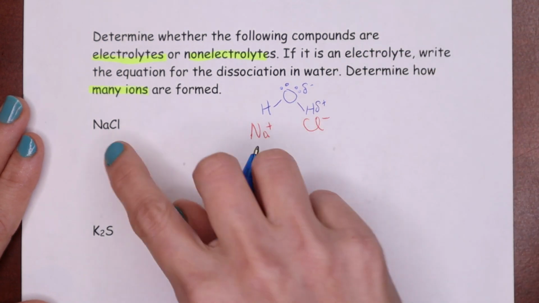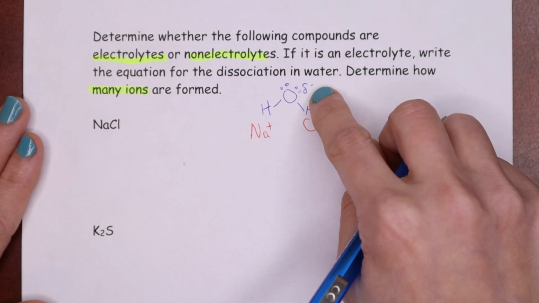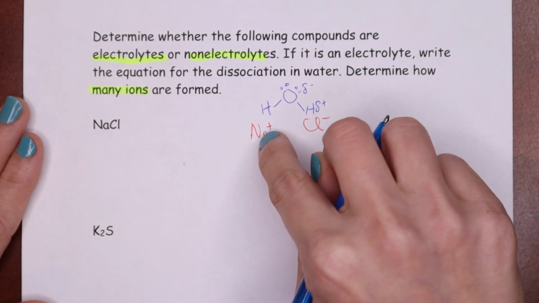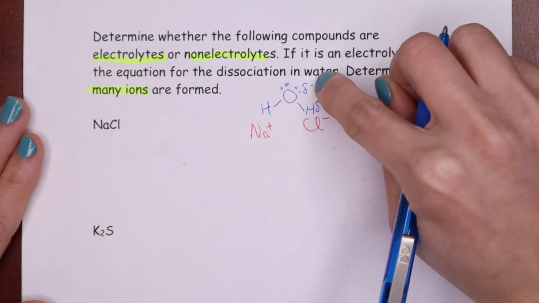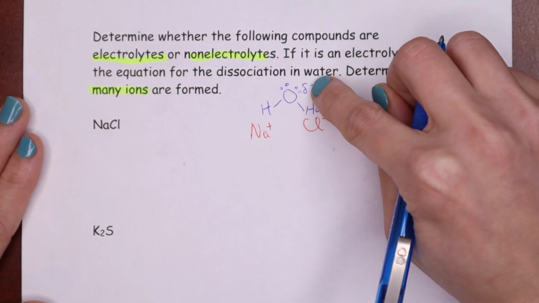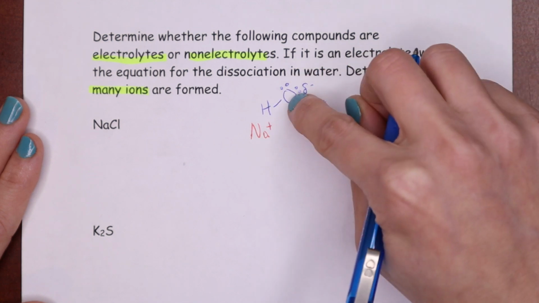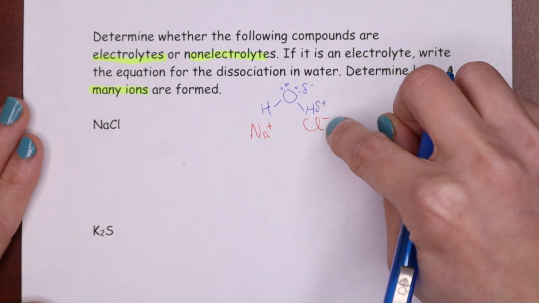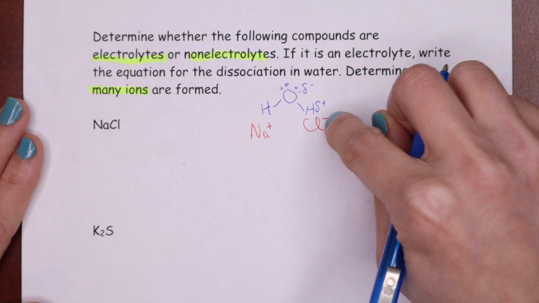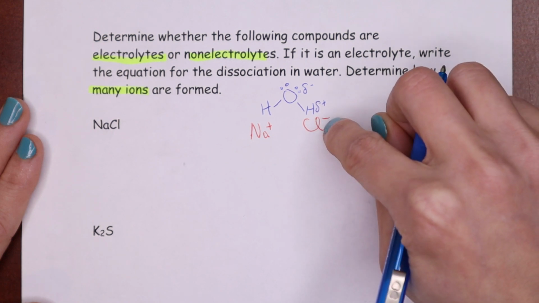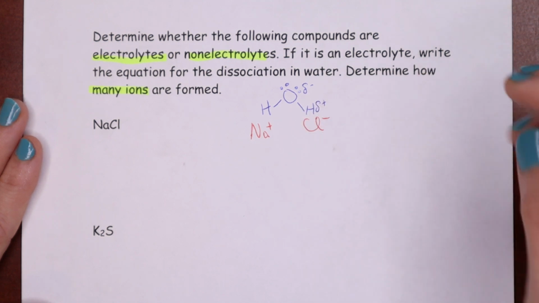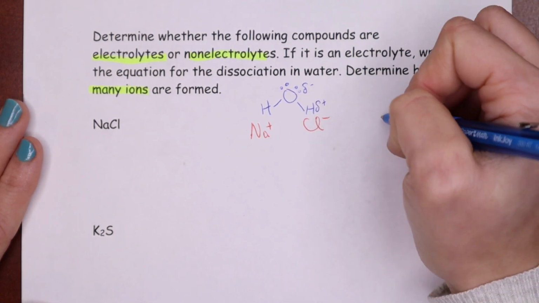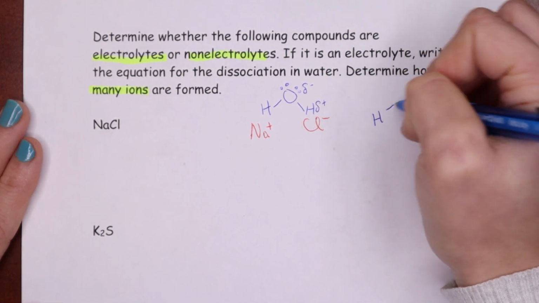So whenever we throw salt in water, the reason why it dissociates is because this positive sign over here is going to be interacting with this partially negative sign of oxygen. And for chlorine over here, we're going to have this negative sign right here interacting with the partially positive sign of the hydrogen.